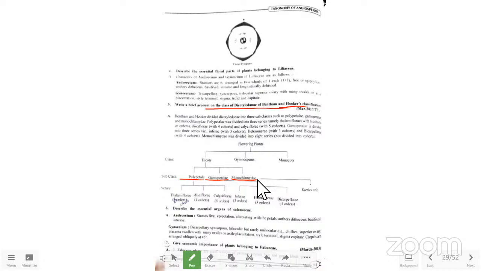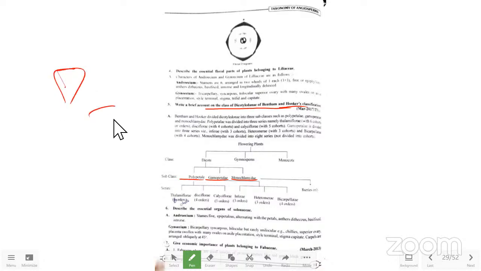And again, the subclasses were divided into series. Okay. And these series are mainly based on the thalamus, or how the thalamus is present. Is it disc shaped? Otherwise, it is having a flat shape.